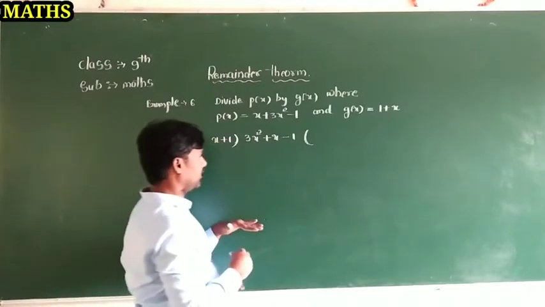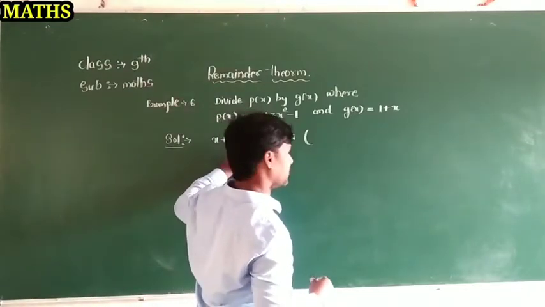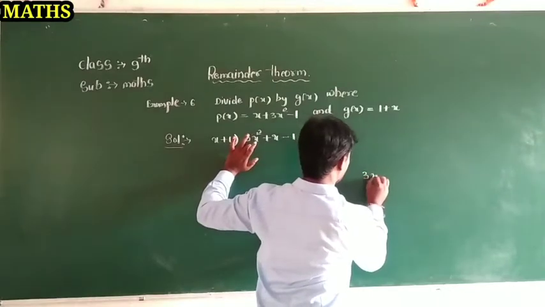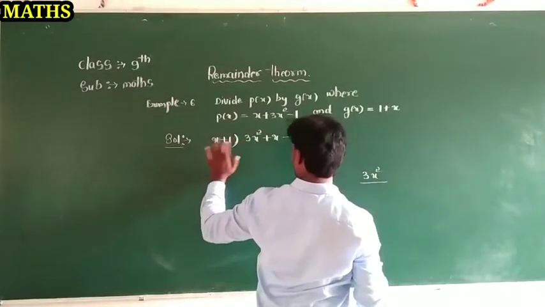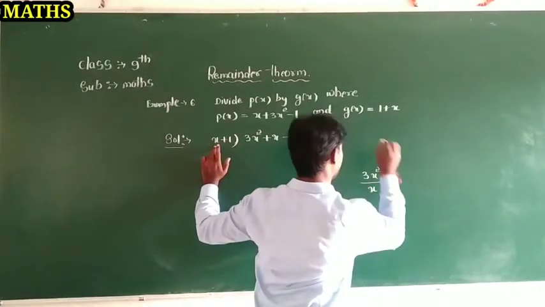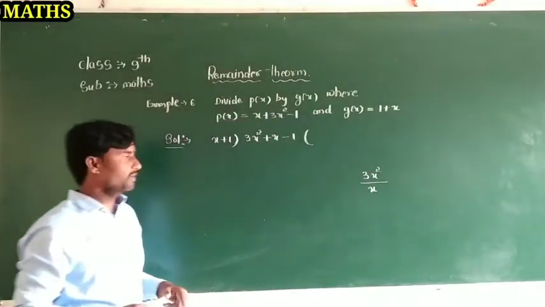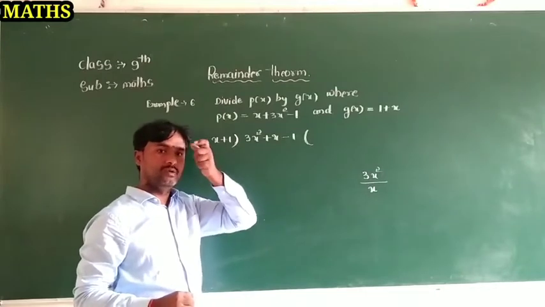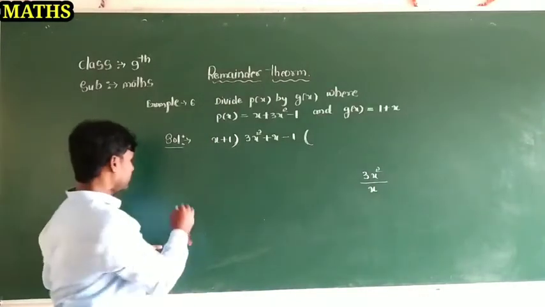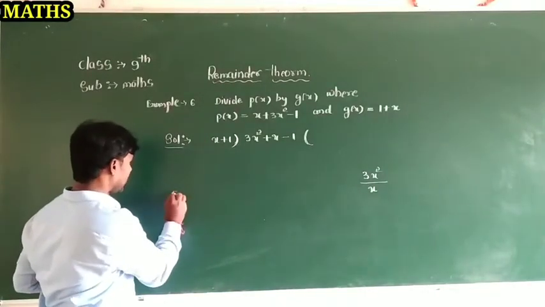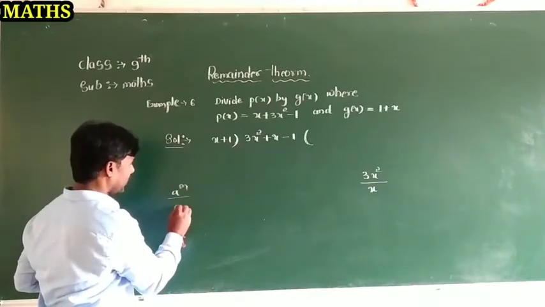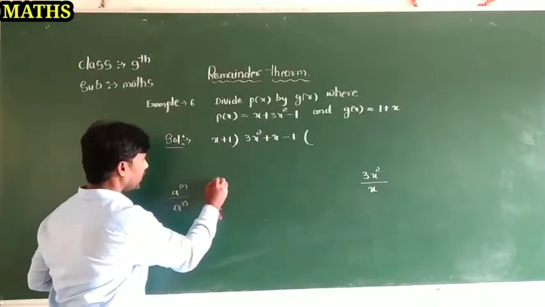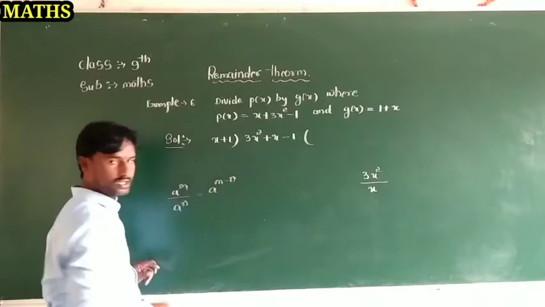Okay, now how do we do the division here, dear students? First you take the first term. The first term is 3x square upon the first term x here, dear students. Already you studied in the 8th standard, 9th standard the exponent rules: a power of m upon a power of n is equal to a power of m minus n, dear students.